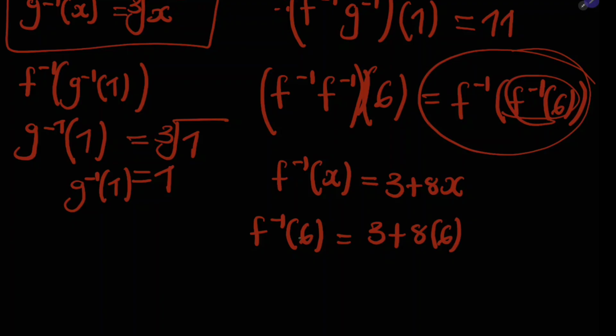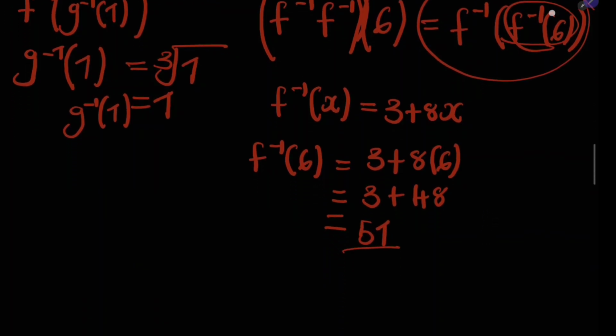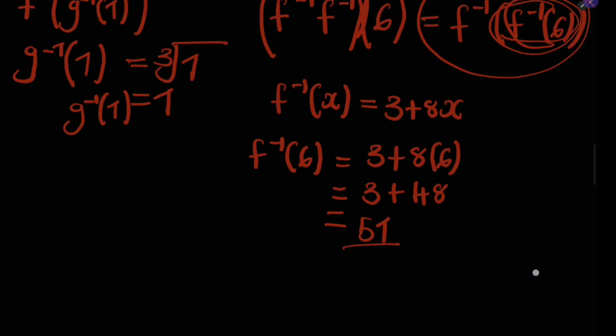Remember, you are substituting the 6 for x. So we have 3 plus 8 into 6. Now this is 3 plus 48, which is 51. So this is simply our f inverse of 6.